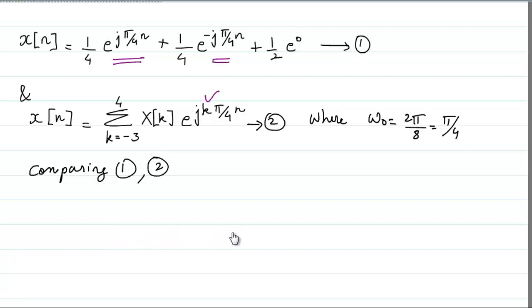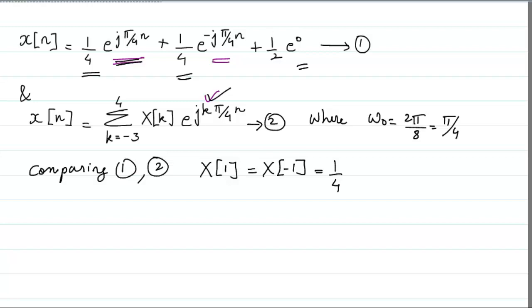So I will write capital X of 1 is equal to capital X of minus 1. That means if I put the value of k as 1 and minus 1, I will get these values. Therefore, the x of k value will be equal to 1 by 4, because here also it is 1 by 4. Okay. When do I get 0? 0 will be possible only if the value of k is equal to 0, because n is not in our hands, only k we can choose.